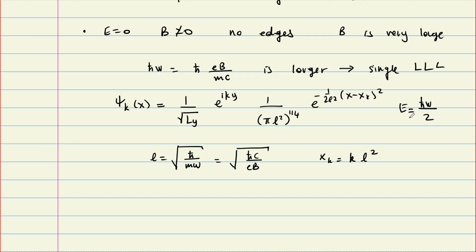So we want to calculate the current. So the current, the quantum mechanical current, is given by the expectation value of J of x, which is going to be equal to minus e over m, psi k star. There is no Landau level index because I'm just looking at a single Landau level for the moment. And whenever we need, we can also sum over all Landau levels.